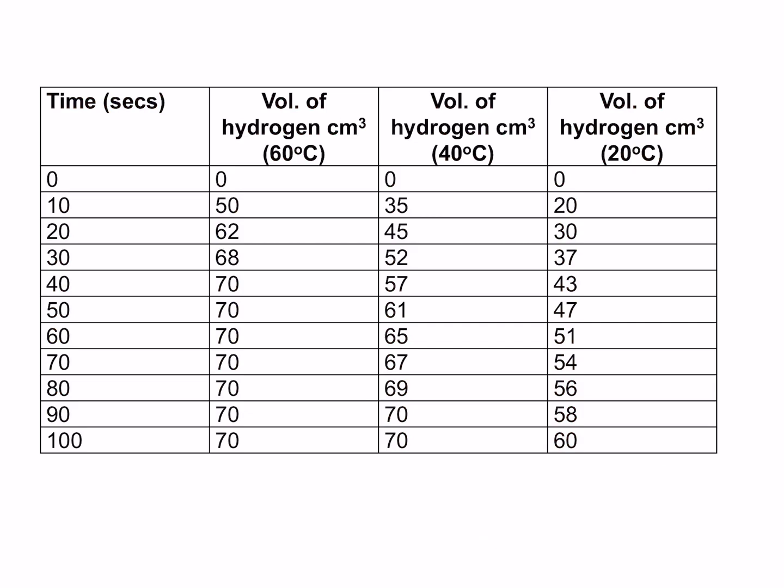You're going to plot 3 lines on the same graph again at 3 different temperatures, and you'll answer the questions on the graph and on the sheet that you've been provided. What I would also do, you could practice drawing a tangent at different points on one of the lines to show how the rate of the reaction changes as the reaction proceeds.